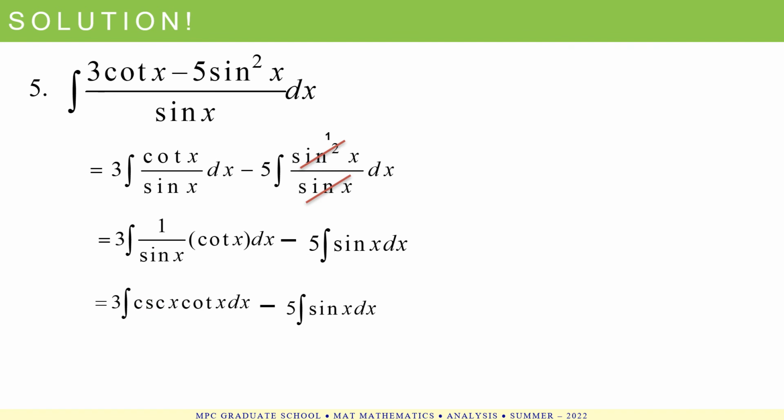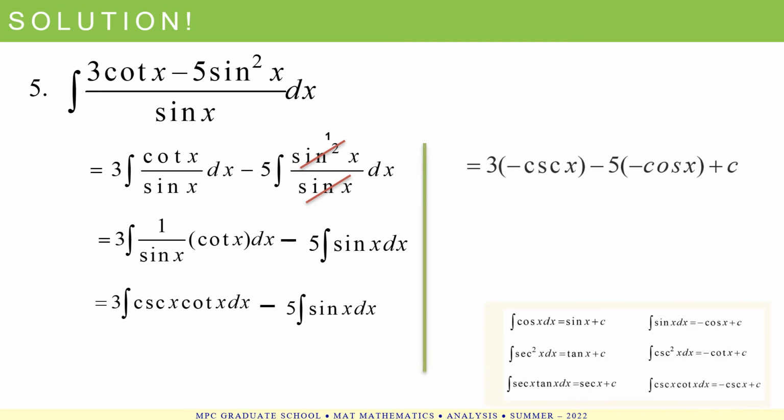Now we're going to apply the formulas for the integrals of trigonometric functions. So we have 3 times the integral of cosecant of x cotangent of x with respect to x, which is negative cosecant of x, minus 5 times the integral of sine of x with respect to x, which is negative cosine of x, plus c.